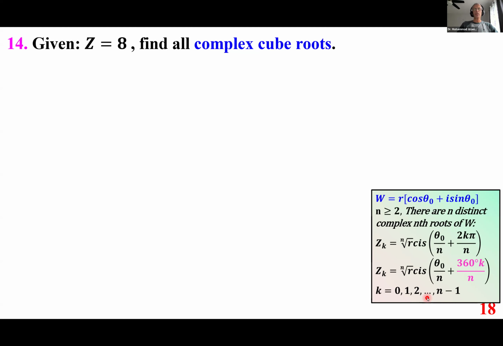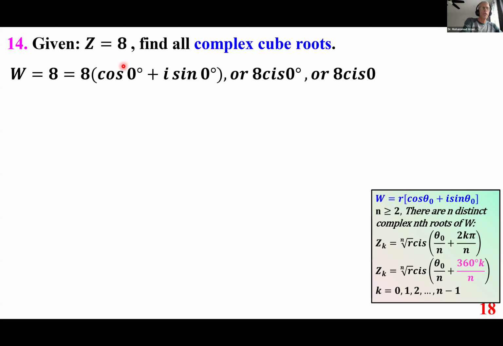So with that being the case, first and foremost, remember all real numbers, whole numbers, are basically the number times cis 0. So 8 is 8 cis 0, cosine 0 plus i sine 0. Sometimes they put the degree, sometimes they just mention 0.